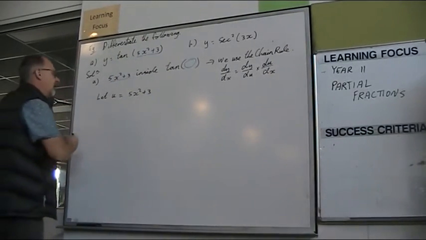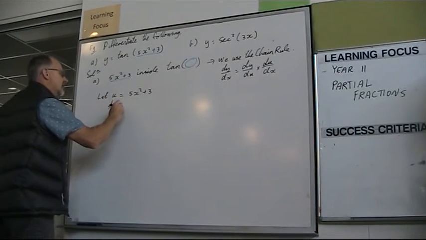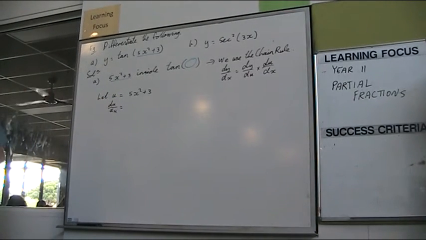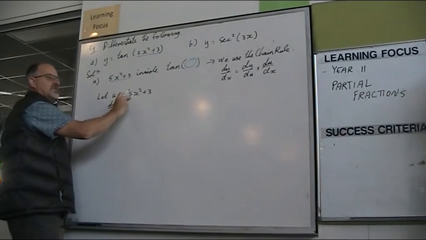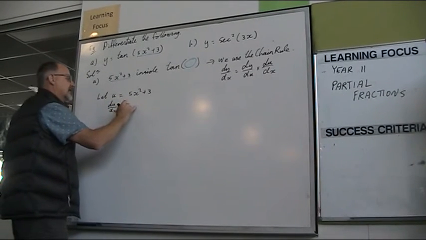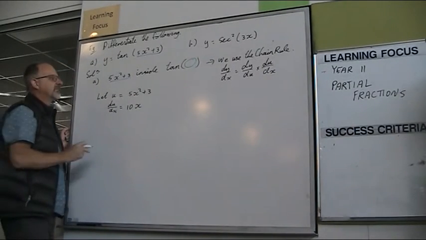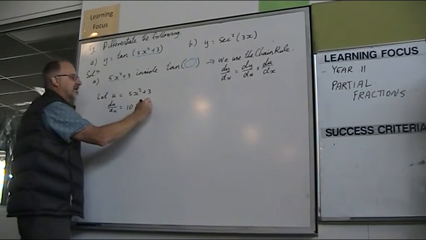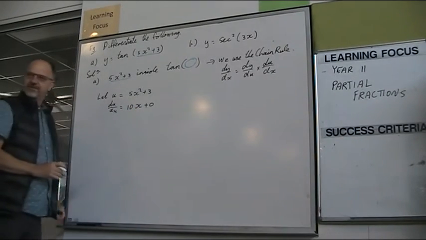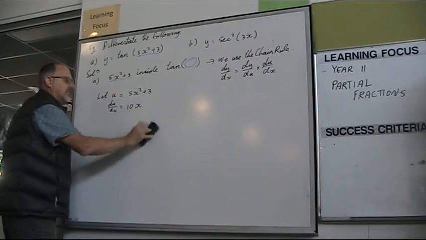Who can remember when we differentiate a polynomial, what happens? Yep, so our power comes down and times us by what's there, so 2 5s are 10, and it reduces by 1, and a normal number plus 0, and normally we wouldn't write plus 0.